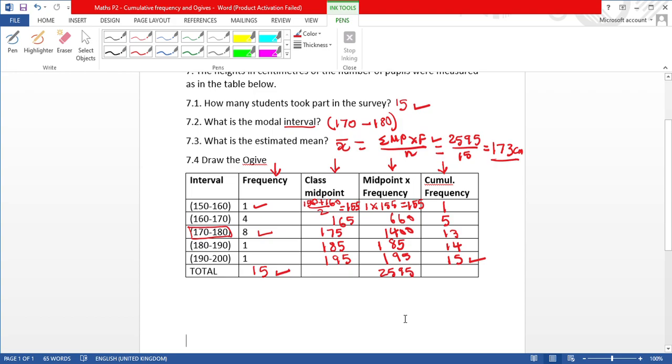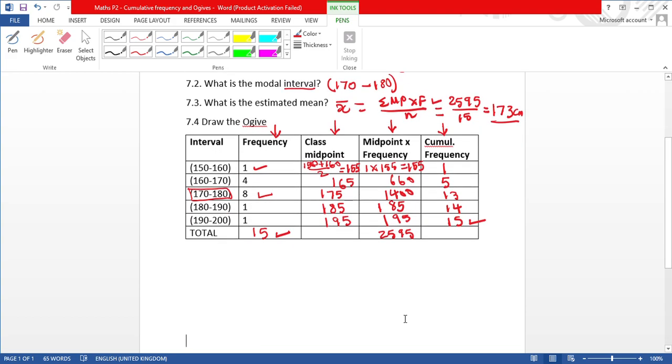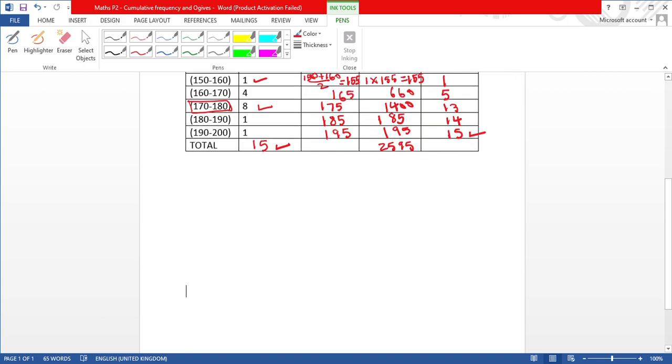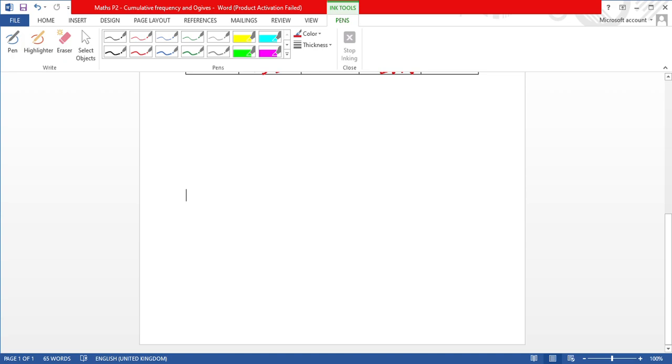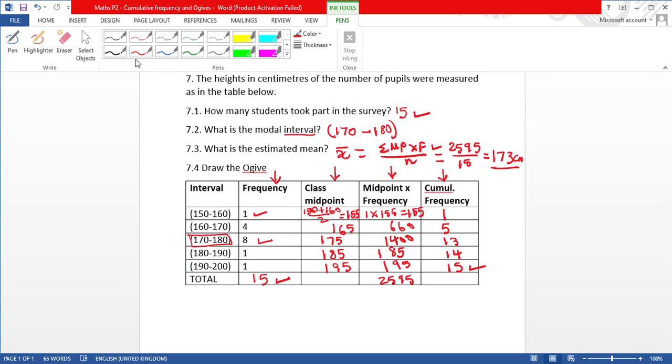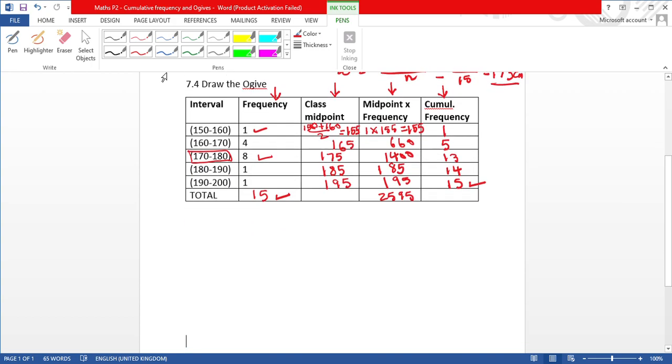So now let's plot the Ogive curve. Basically, the Ogive curve is going to be your cumulative frequency on one axis, on your y-axis.